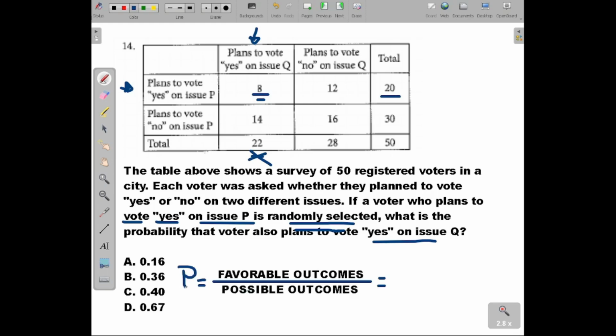So remember that the probability formula is equal to the number of favorable outcomes divided by the number of possible outcomes.